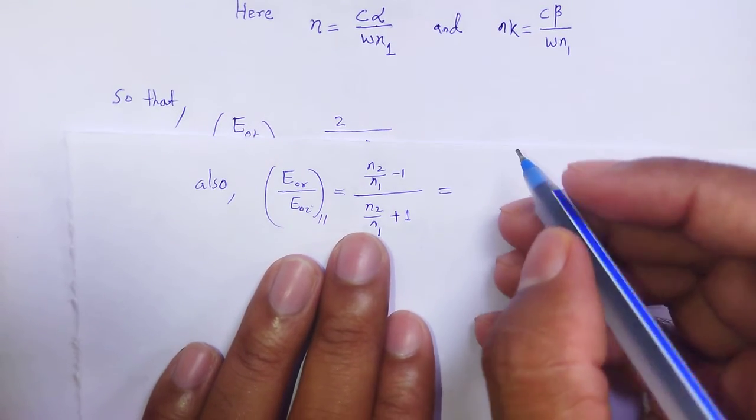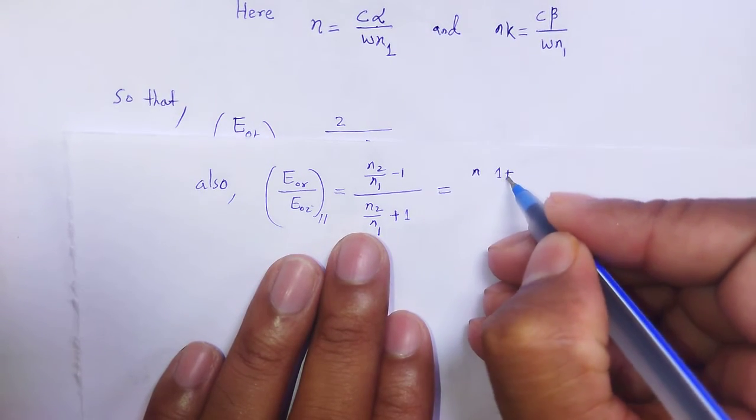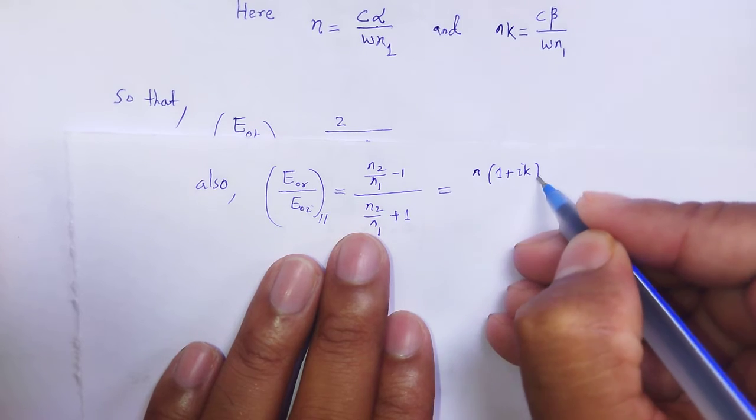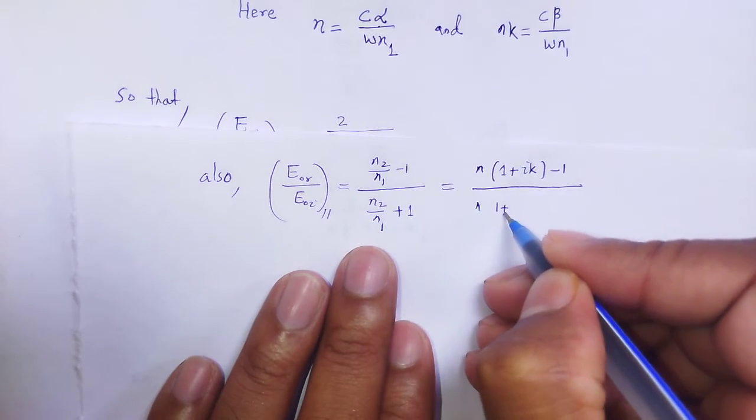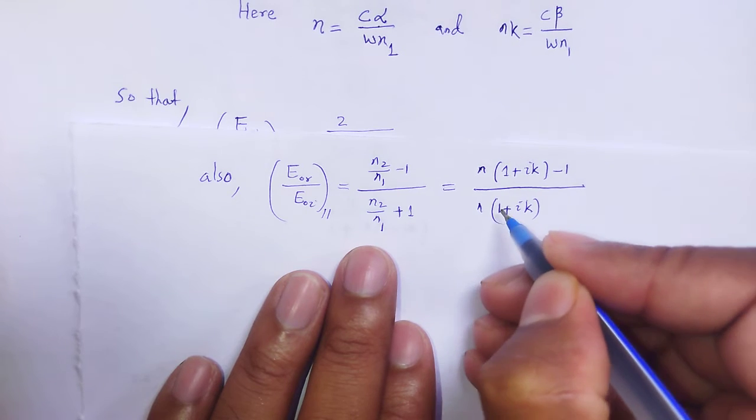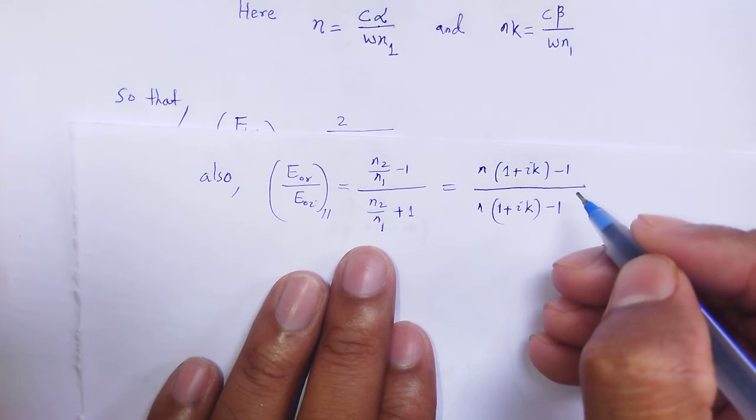N2 by N1 is N whole into 1 plus IK minus 1 divided by N whole into 1 plus IK, sorry, plus 1.